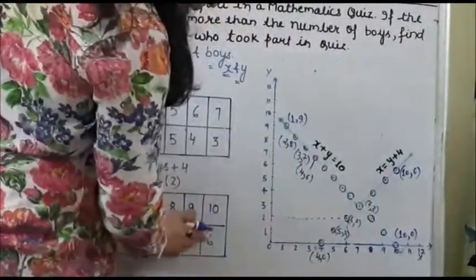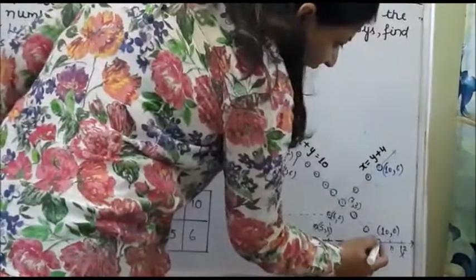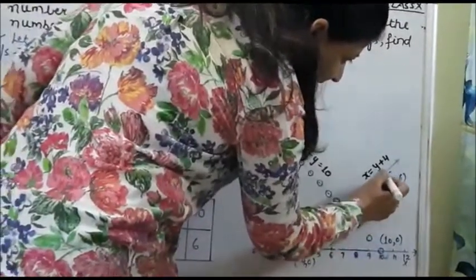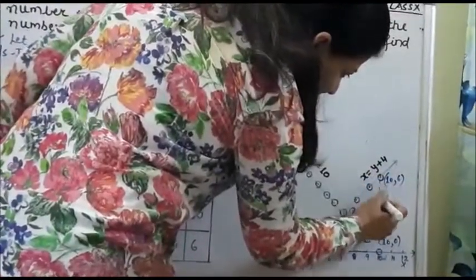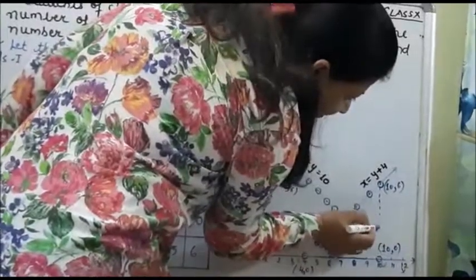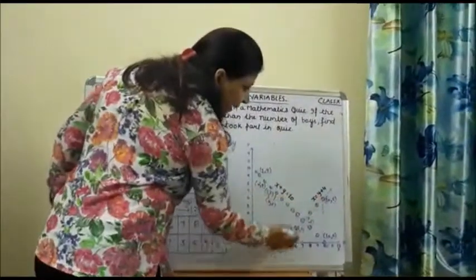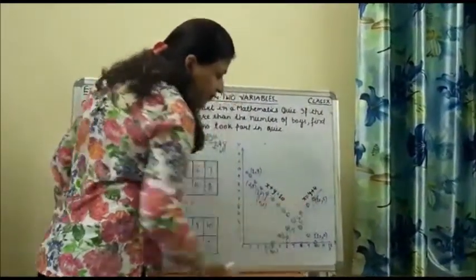Similarly, rest points you can plot, 10, 6. X-axis 10 and y-axis 6. This is 6 and this is 10. Now, in this way, you can plot another line also and join them. You will get the line that is x is equal to y plus 4.